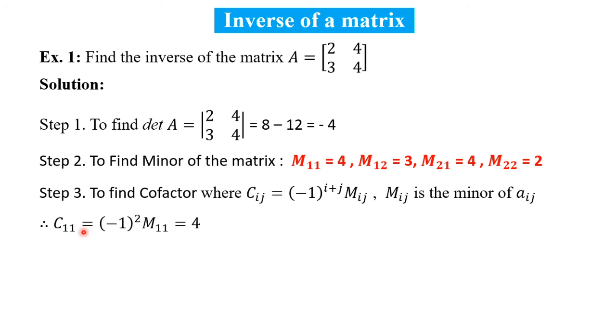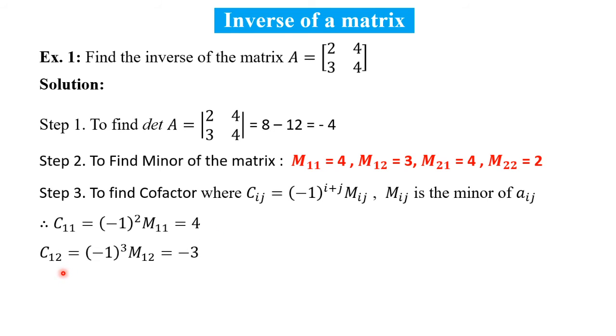Let us see. C11 is equal to minus 1 raised to 1 plus 1, that is minus 1 squared into M11. M11 is equal to 4, so 1 into 4 is equal to 4.